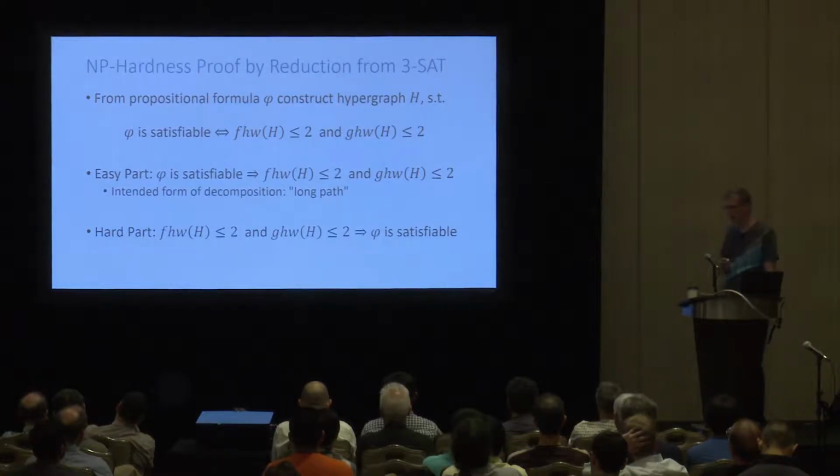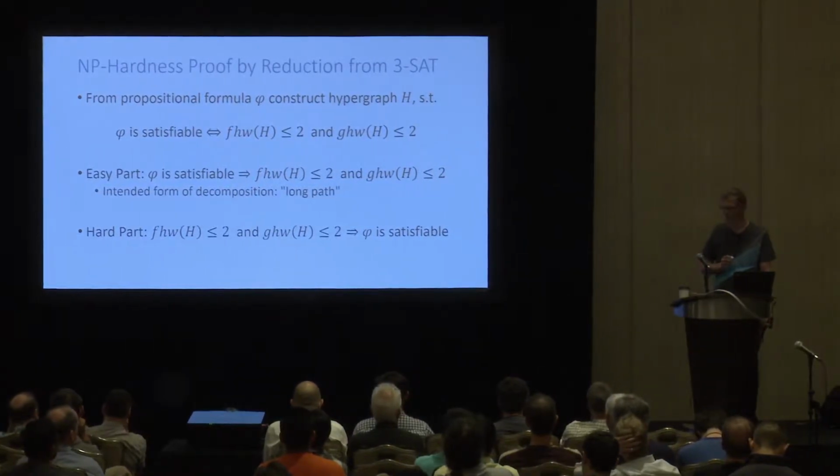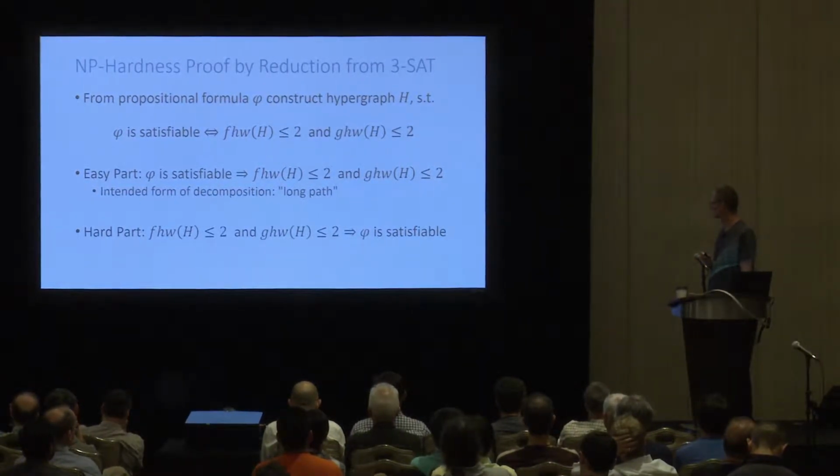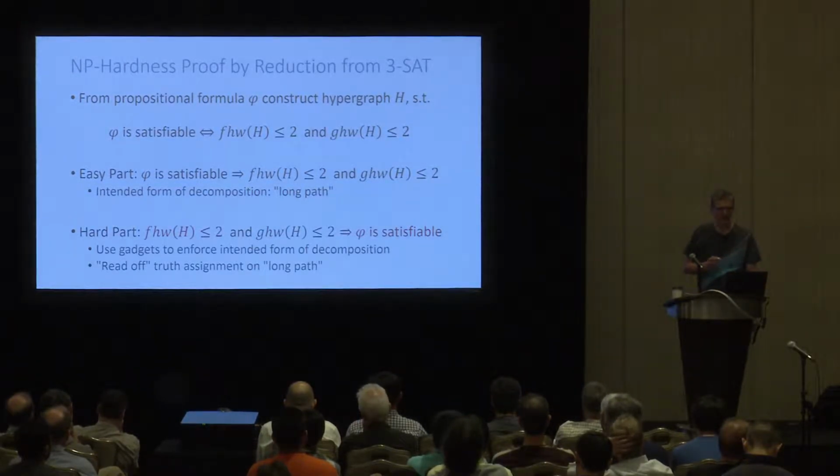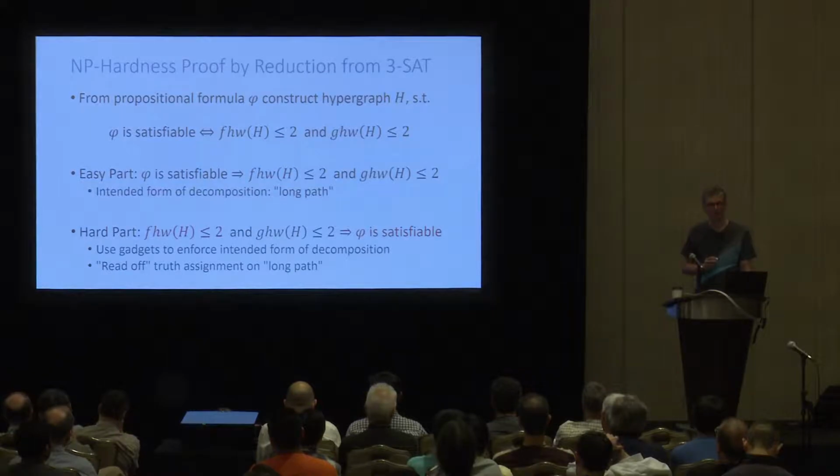The more difficult part of the proof is the opposite implication. That is, if one of the two notions of width is less than or equal to 2, then we have to show the formula is satisfiable. Again, it suffices to show this for one of the notions of width, namely for the fractional hypertree width.